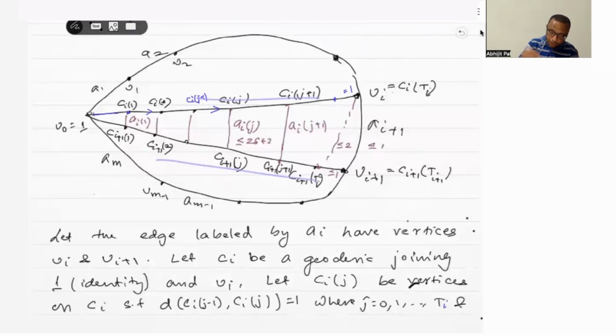And now you join Ci1 and Ci plus 1, 1 by geodesics. So these are my geodesics.